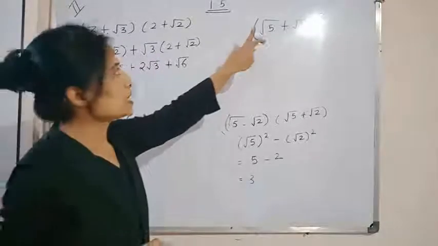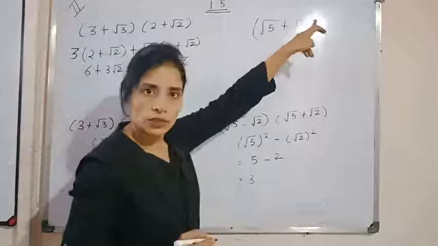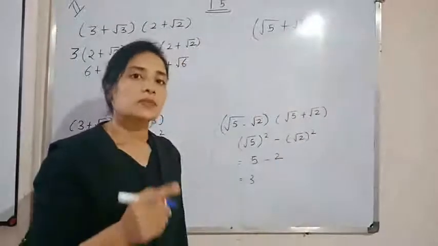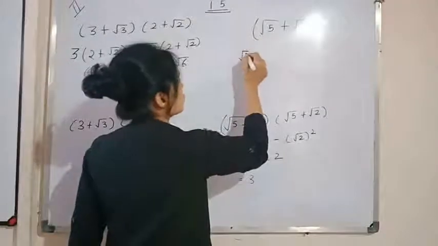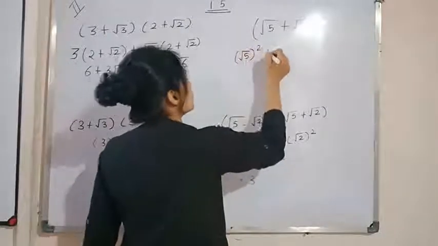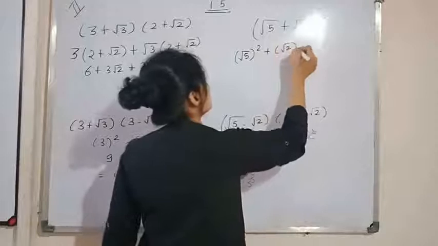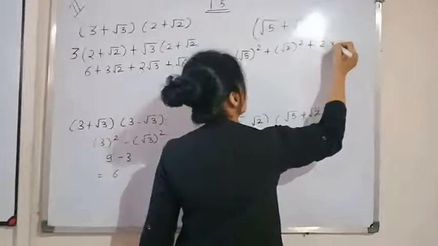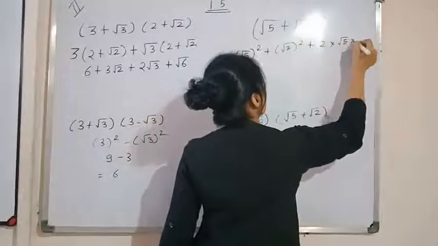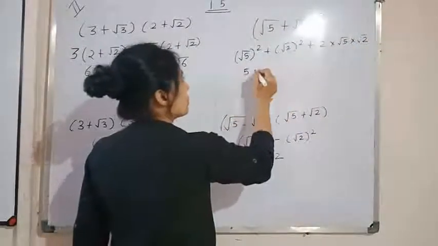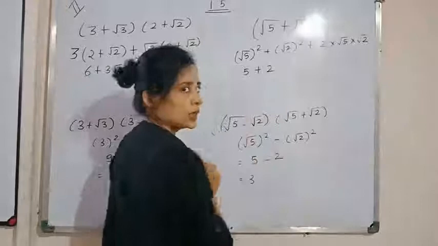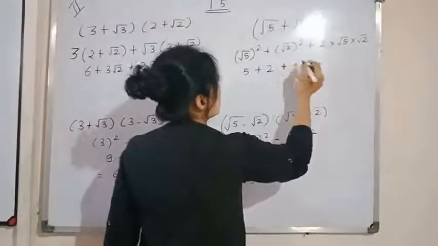This identity is a plus b whole square. A square plus b square plus 2ab. A is root 5. So a square plus b square plus 2ab. Root 5 square will be 5 plus root 2 square will be 2 plus 2.